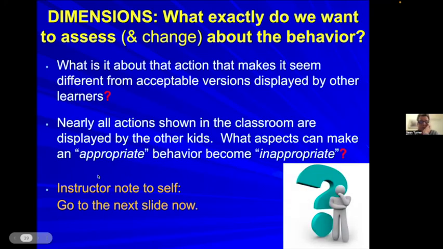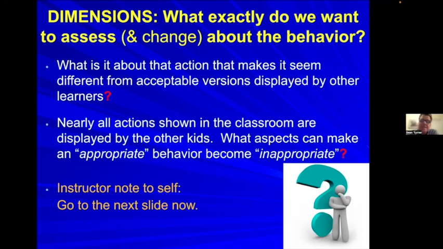So let's get to the next part, dimensions. After we pick the target behavior, what exactly do we want to assess and change about the behavior? Again, we said there's flip options, right? In part one, part two, you might be focusing on the behavior that you want to increase, the desired behavior, or you might be focused on the behavior that you want to decrease.